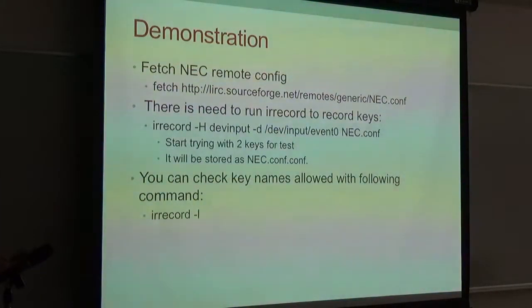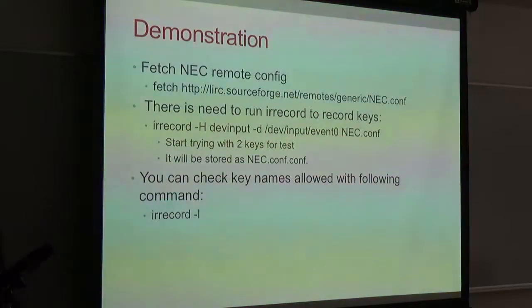What I did is, first I had to fetch some NEC related remote config files from this location, because this file has some protocol descriptions, etc. Then I had to record the keys using irrecord. This command was used to record the keys.